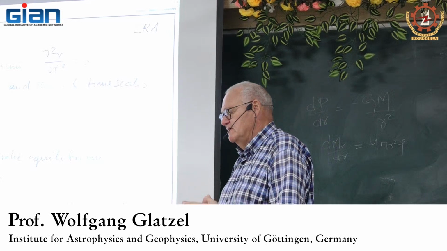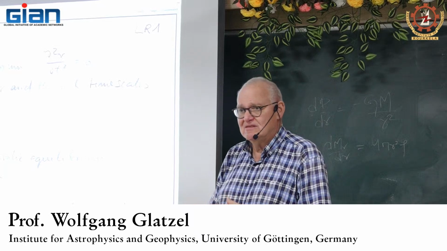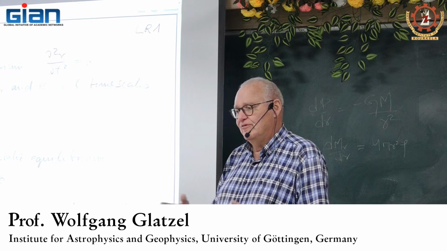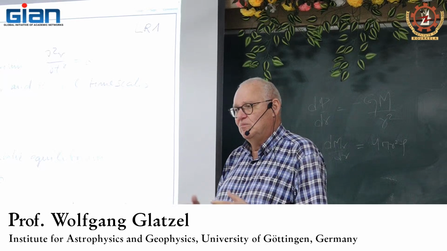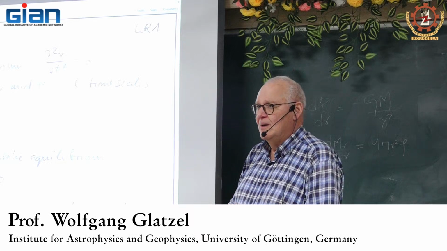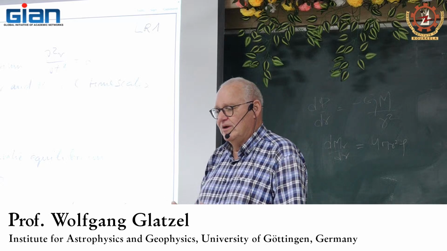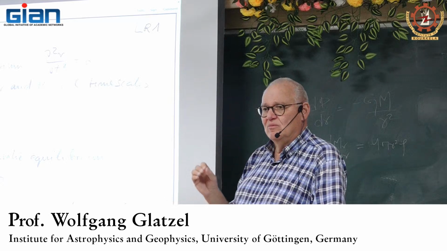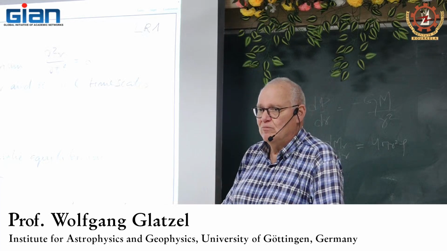Well, we are going to split our approach into three parts. First of all, the first step would be we construct a stellar model. This can be done by means either of stellar evolution calculations or by a simple envelope integration, where we can put the star at the observed position in terms of luminosity and effective temperature.